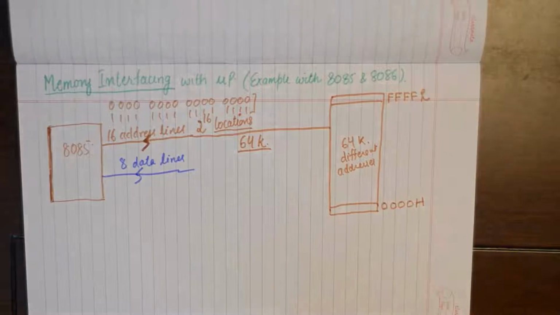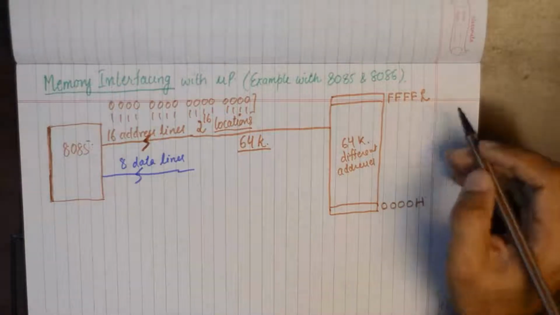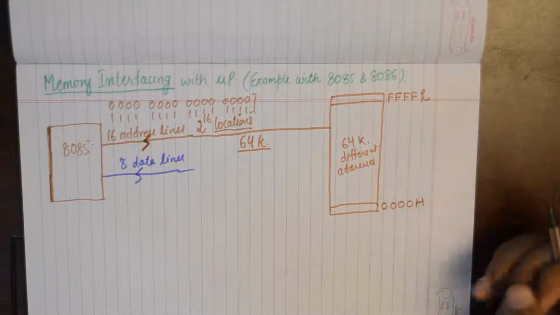Of course, this is hexadecimal notation. So the 8085 is capable of handling a maximum of 64K location memory because it has only 16 address lines. This is the underlying key point here.